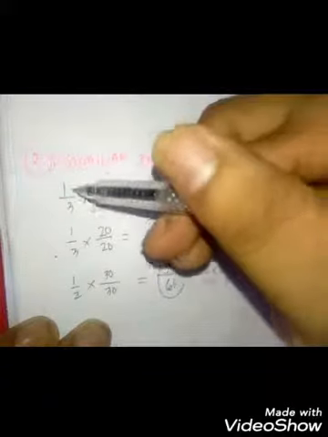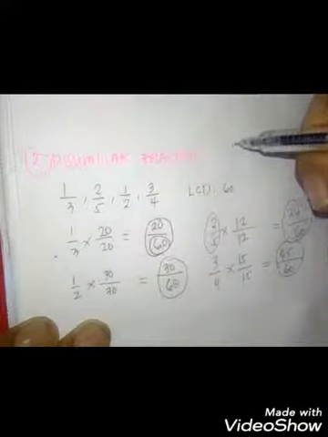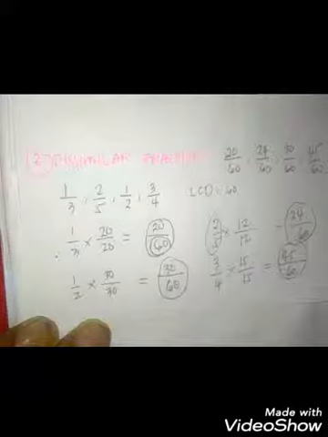Now, instead of 1/3, 2/5, 1/2, and 3/4, I'll write them according to their equivalent fractions: 20/60, 24/60, 30/60, and 45/60.